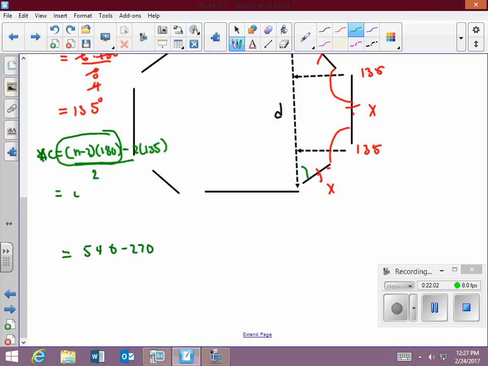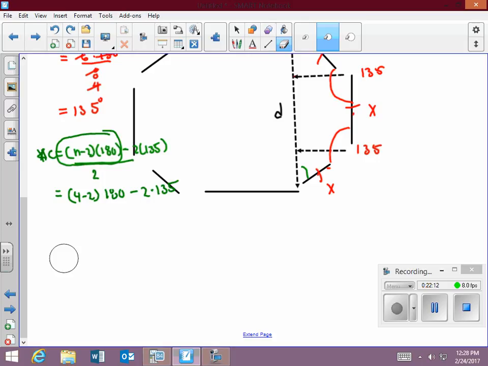So it's 4 minus 2 times 180 minus 2 times 135, all over 2.